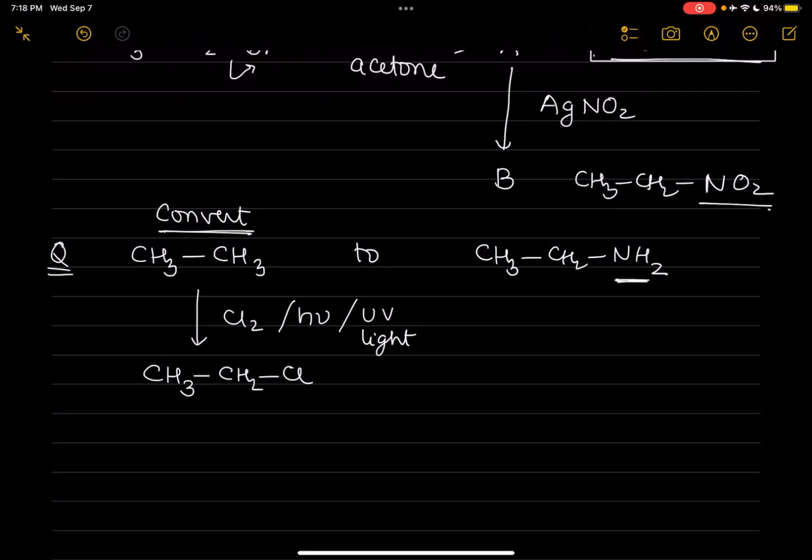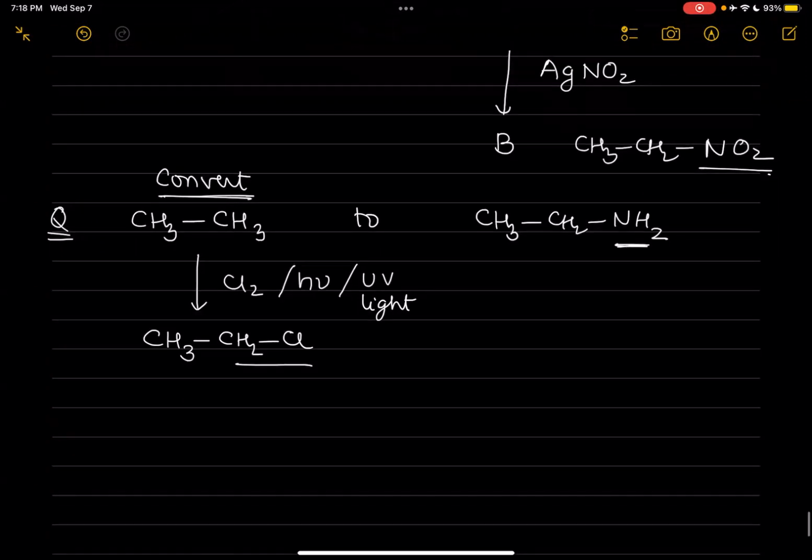They will abstract H, and once the H is removed, you will have C2H5Cl. Ryan, are you getting it? What's the name of this reaction? It is famously known as free radical halogenation or photohalogenation. Very good. Free radical, because by light you get free radicals.